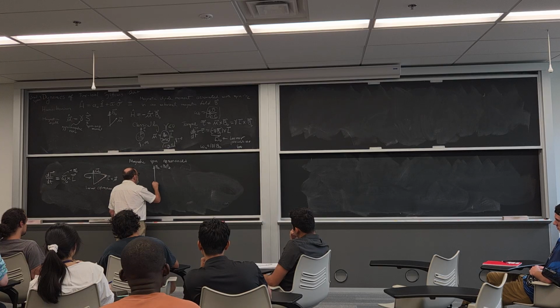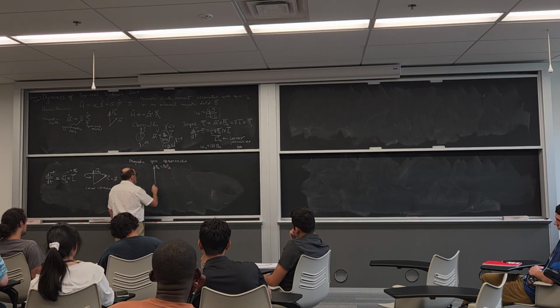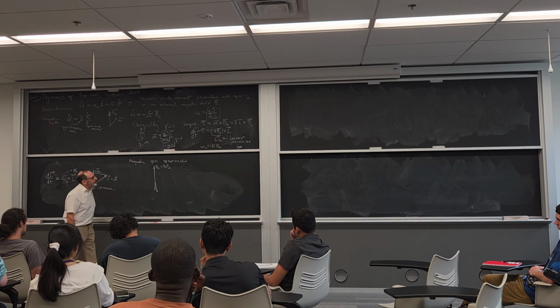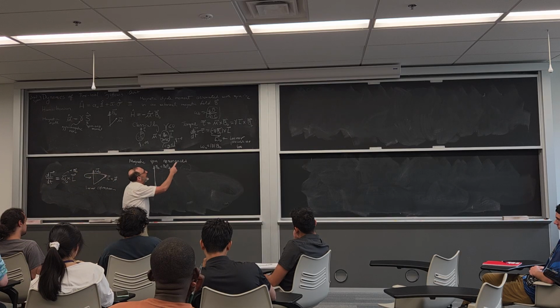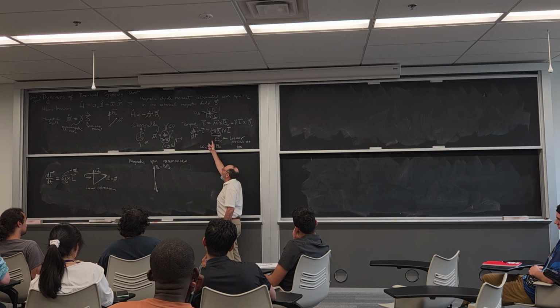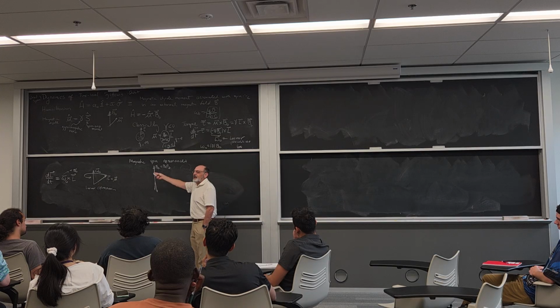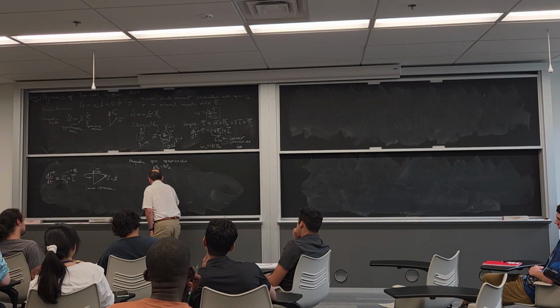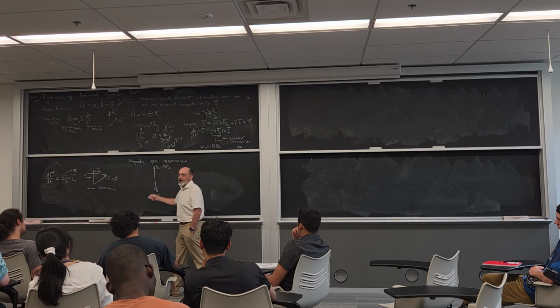If my spin is originally pointing somewhere down, and if I have a negative gyromagnetic ratio, so this is the direction of the magnetic dipole moment, that's actually the low energy state.